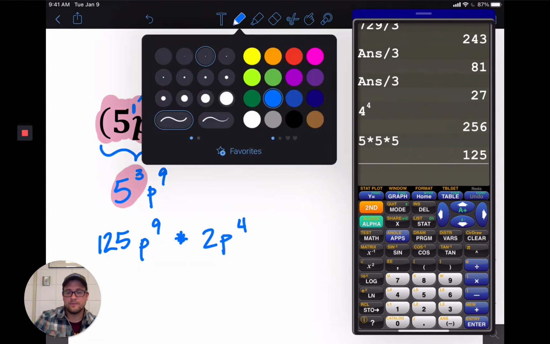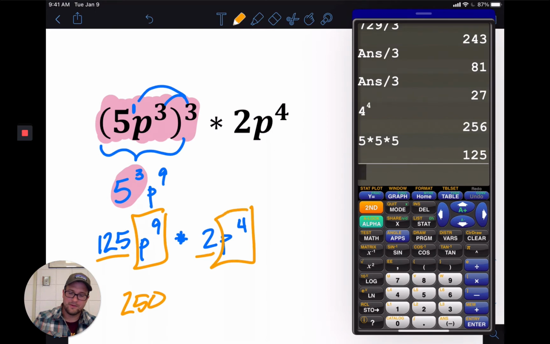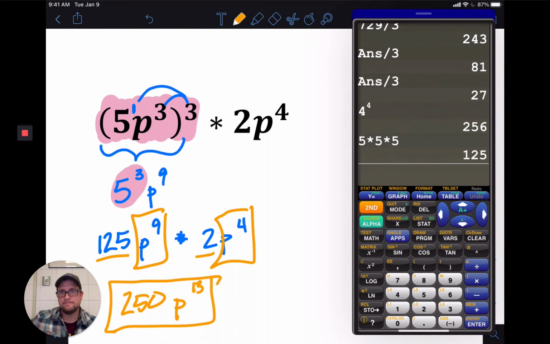Now, to do this, we are going to multiply the coefficients, those whole numbers. We just multiply them like we normally would. 125 times 2 is 250. And if I have p to the ninth and p to the fourth, we know that that would give us p to the 13th. And we're done. That's it. Simple as that.